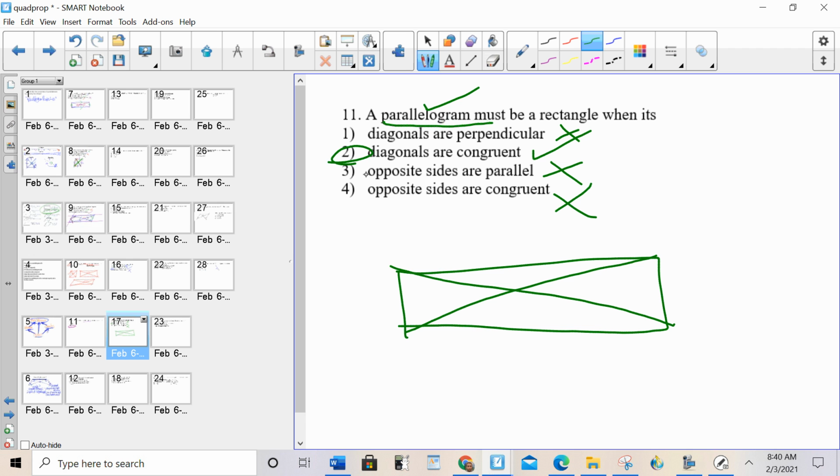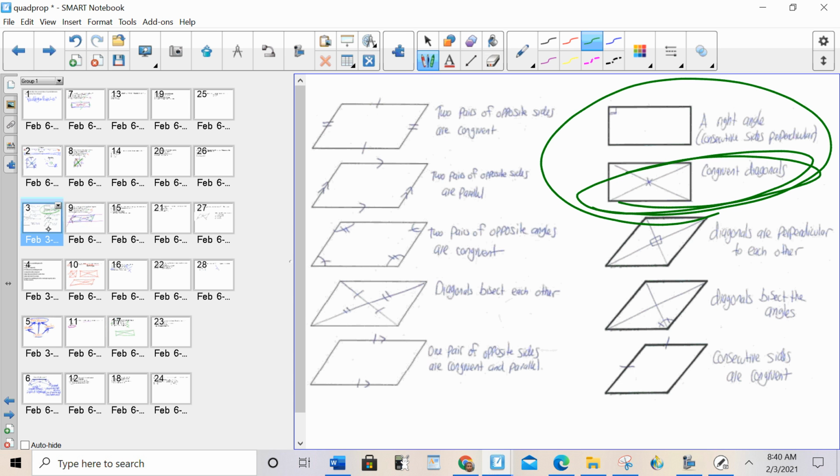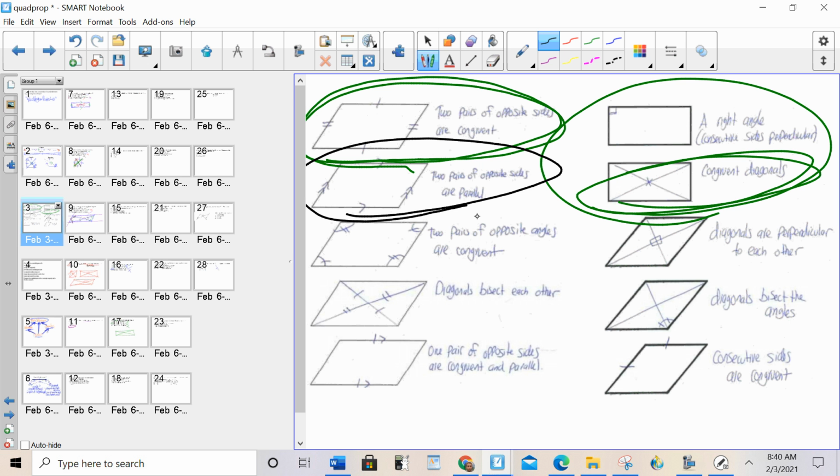So let's talk about the difference between being a property and proving. Two pairs of opposite sides congruent is a property of the rectangle. Two pairs of opposite sides congruent does not prove it's a rectangle. It proves a parallelogram, but does not prove a rectangle. Two pairs of opposite sides parallel is a property of the rectangle.